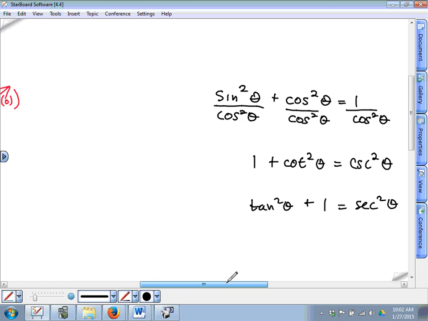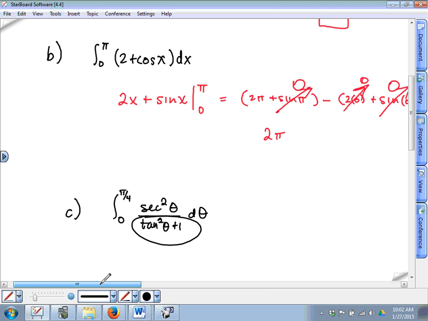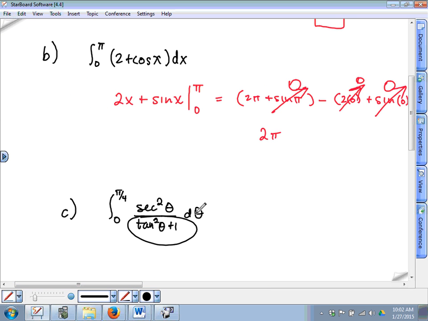So can we use an identity? Yeah. Tangent squared plus 1 equals secant squared, and secant squared divided by secant squared is 1. So all this really is the integral from 0 to pi fourths of 1 d theta, which is just d theta. And what's the integral of 1? Theta.